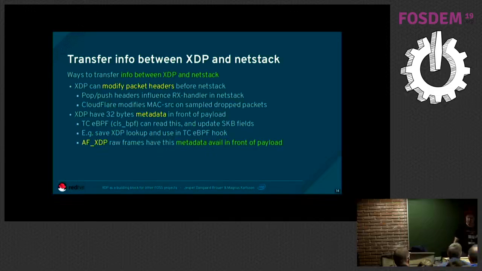But you can also save other information. And for AF_XDP, the raw frames we deliver into user space, it will also be put in front of the payload, so you can get this information there. We have a lot of interesting ideas of getting the hardware actually to put in this metadata. For example, getting a unique ID for every flow. That's something that the hardware can provide.